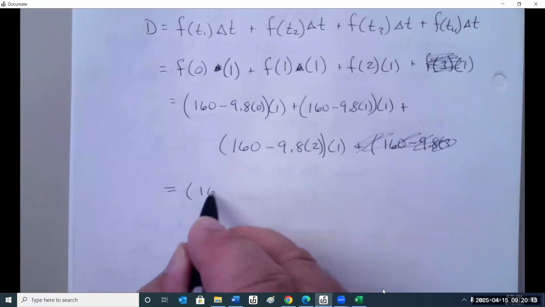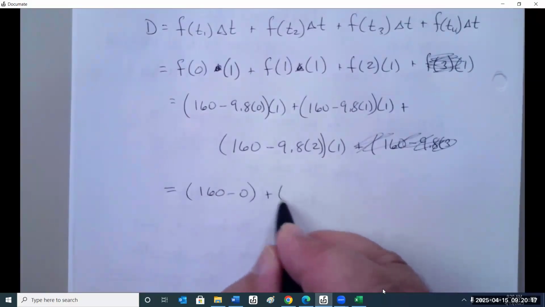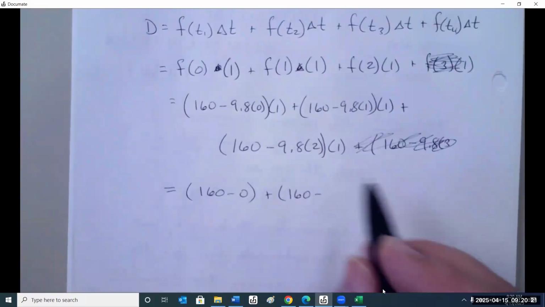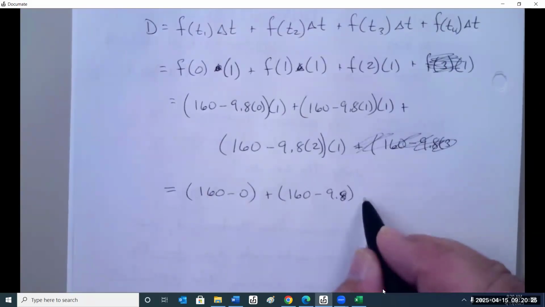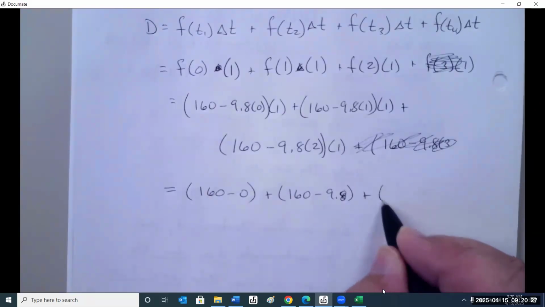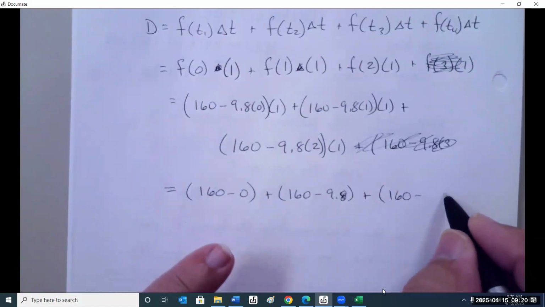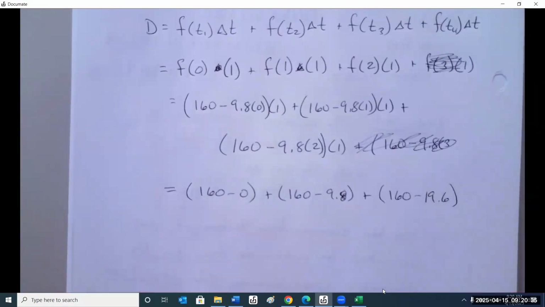So we have 160 minus 0 times 1, 160 minus 9.8 times 1, and 160 minus 9.8 times 2, which is 19.6.